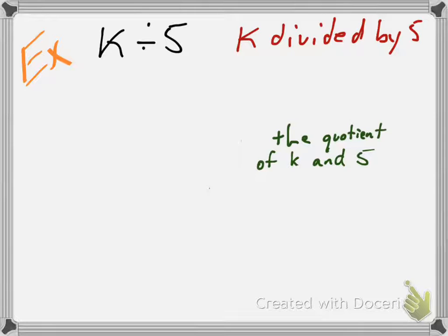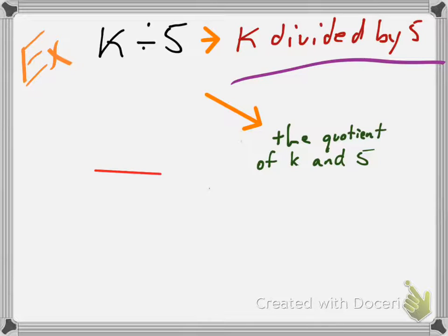Alright, last example is division. K divided by 5. You can write it this way, K divided by 5, or you can do the quotient of K and 5. Now a lot of people when they read this, they're like, oh, K divided by 5, and write it the other way. That is not right. Because if I said 8 was divided by 2, that's 4.